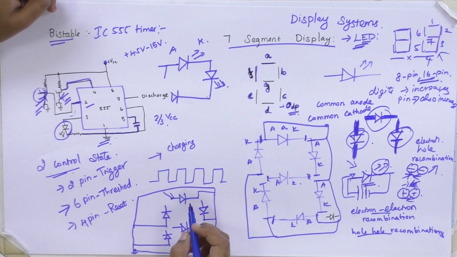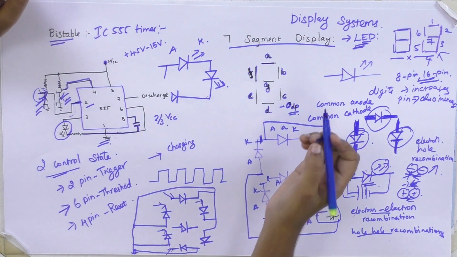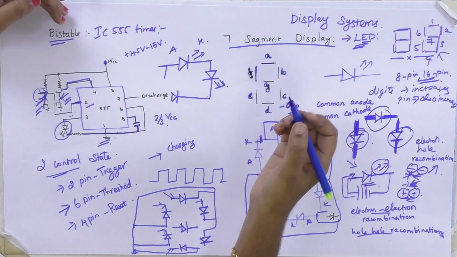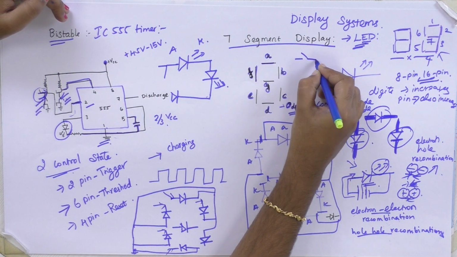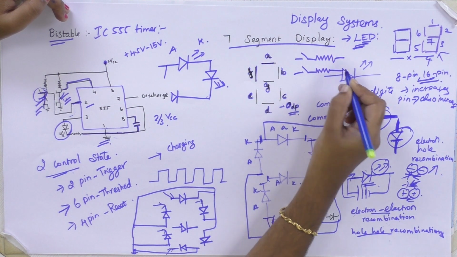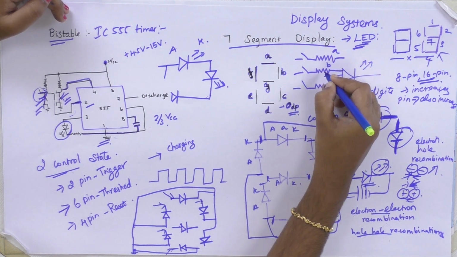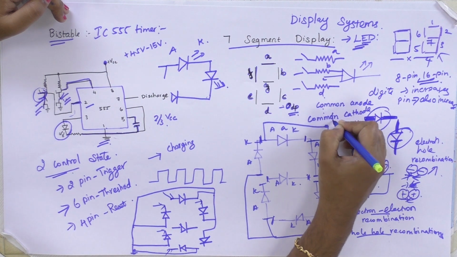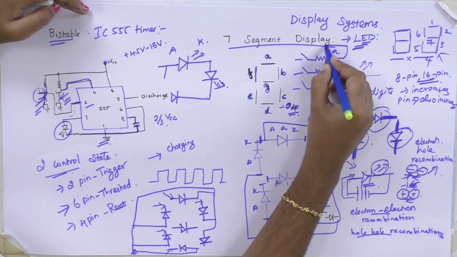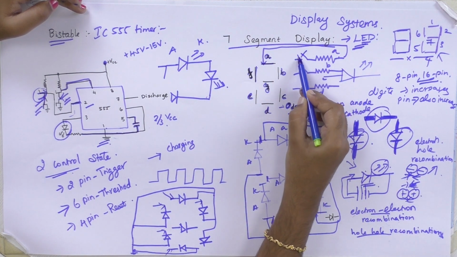The supply will be given separately to the anode part, and because of that your light will glow. To give a supply to the 7-segment display, you will have a switch in which an external resistance is connected to avoid damage to the LEDs. So, A, B, C, D till F, you will give supply to the anode of the diode by turning on the switch.